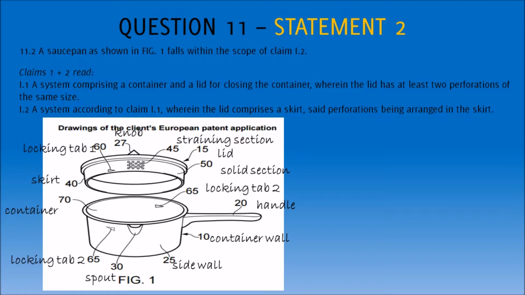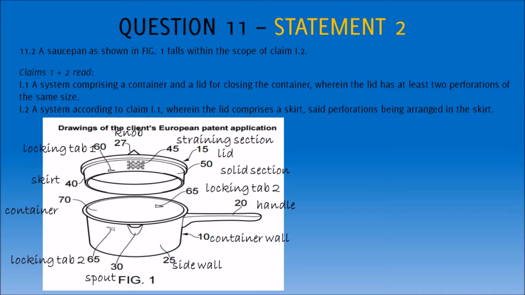Okay, that's very general. That's not really an excluding feature, comprising a container. So we need a container. A container is depicted in figure 1 with the number 70. So we have a container there. Then a lid. So we need also a lid, which is depicted with reference number 50, also there, which closes the container.